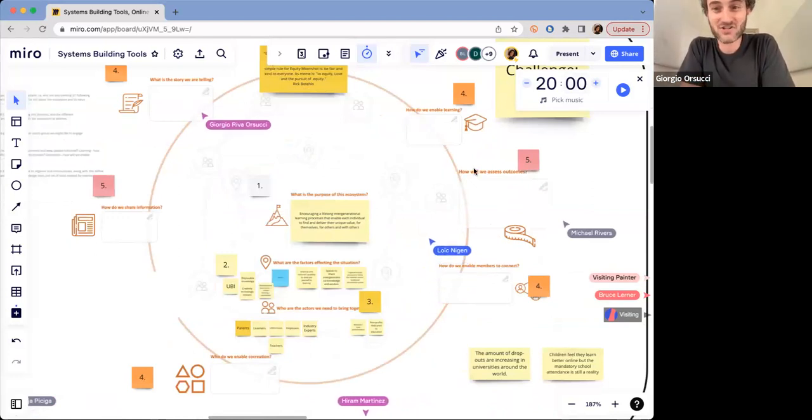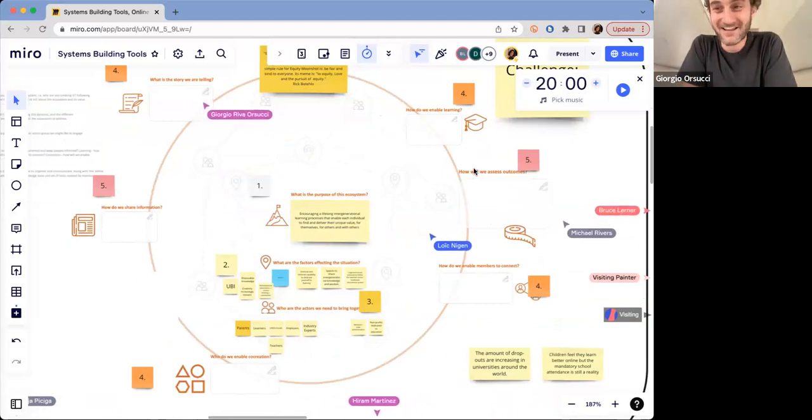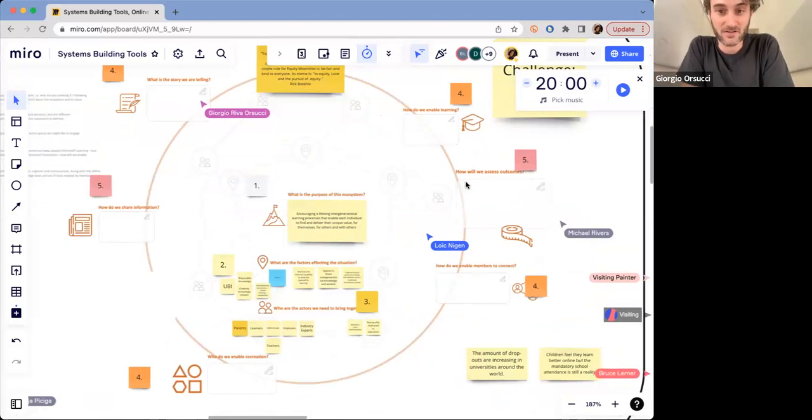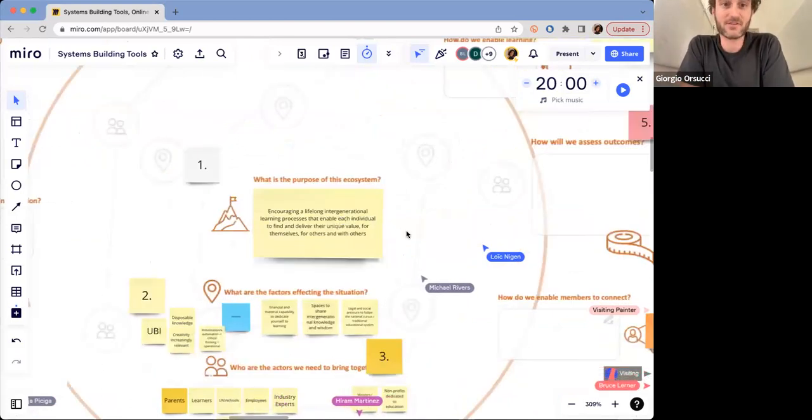Obviously, quite a large challenge, but fun to do with the ecosystem lens. So how to keep education as a lifelong intergenerational experience for everybody, so that the benefits of education are the highest possible for everybody involved in a systemic way.